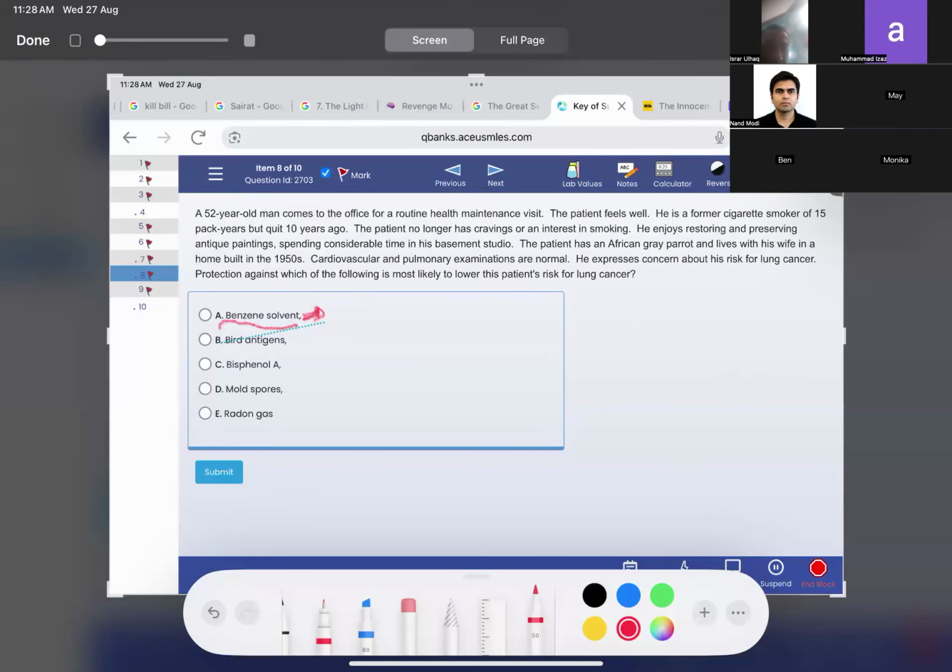It is a metabolite of benzoquinones, and it is carcinogenic. It causes hematological cancers, blood cancer.